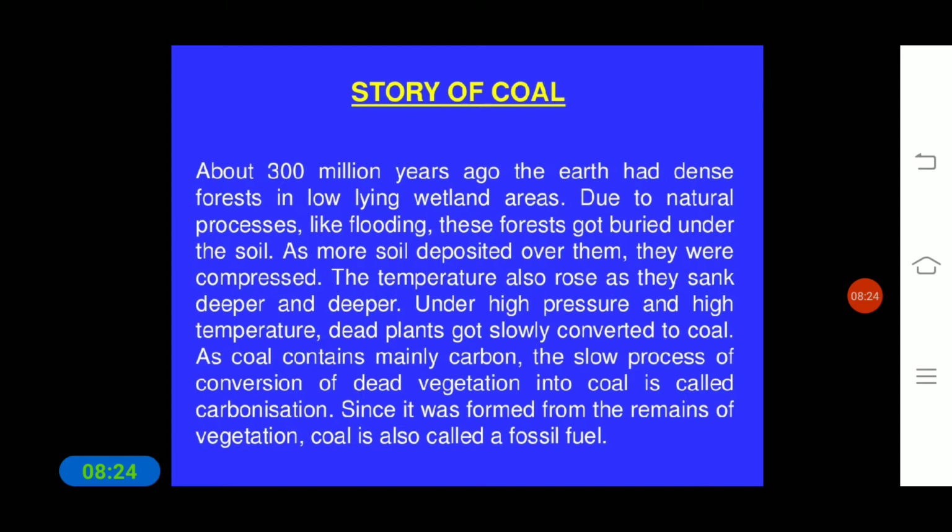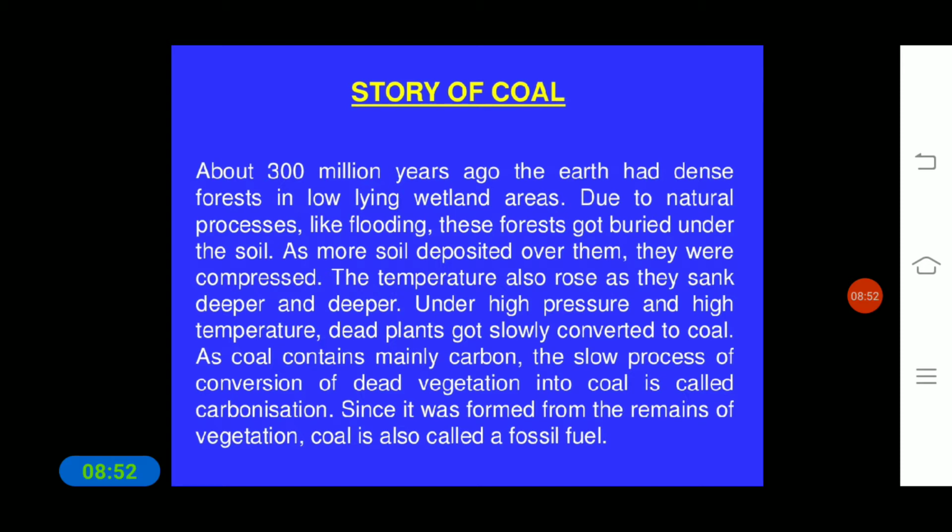Due to natural processes like flooding, these forests got buried under the soil. As more soil deposited over them, they were compressed, and the temperature also rose as they sank deeper and deeper. So, under high pressure and high temperature, dead plants were slowly converted to coal.